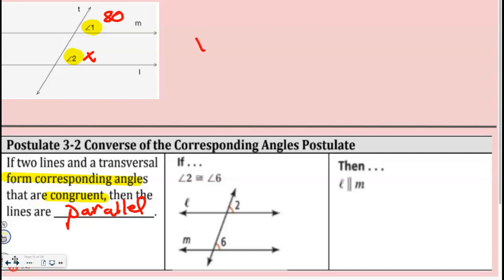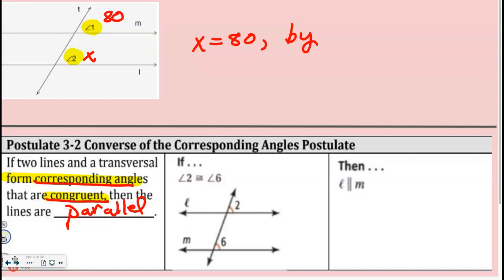So you're going to say, well, I need X to be equal to 80. Then I can say the lines are parallel. But you're going to have to justify it with a reason. So you're going to say by, and we're going to have 4 reasons. All right, so our first one says, if corresponding angles are congruent, then the lines are parallel.